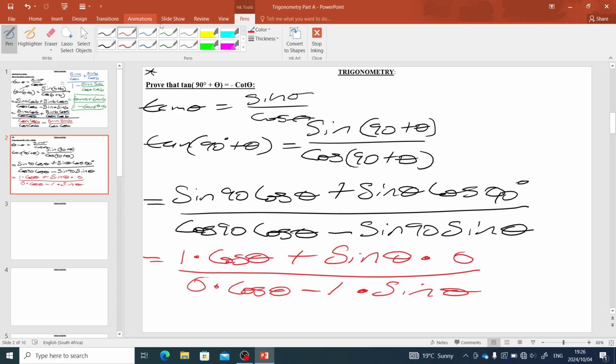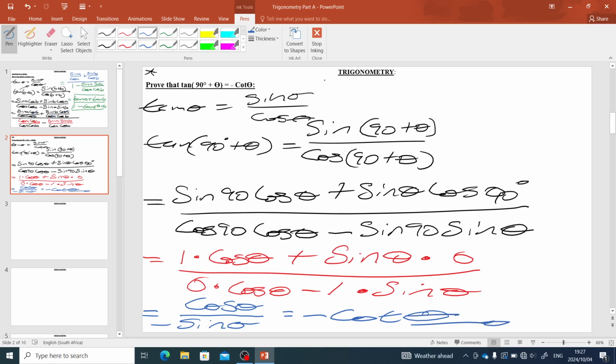Then it will be equal to cos theta plus 0, divided by 0 minus sine theta. Cos over sine gives us cot. Then we are having negative cot theta.